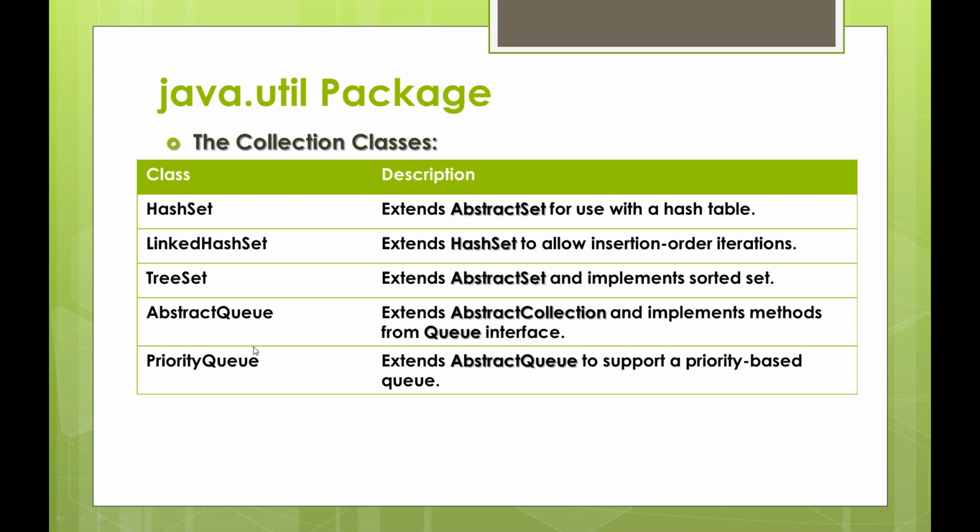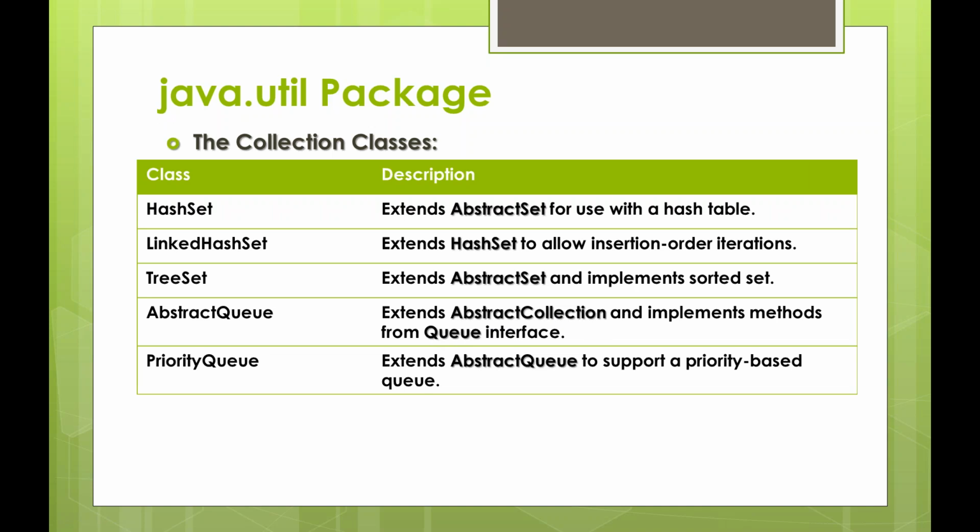Then we have one more interface, that is queue. Abstract queue implements your queue interface by extending the abstract collection class. When you see all these things, you'll notice that whatever methods are available are declared in your collection interface.